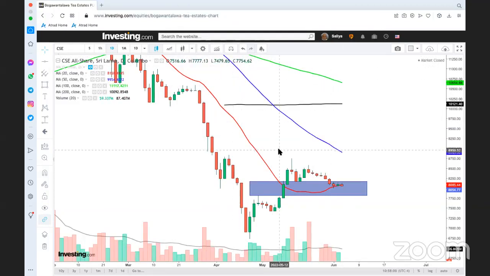Therefore, what we will be looking at is to understand the counters that have shown us the strength of their individual trends, where the prices have gone above all these time frames.